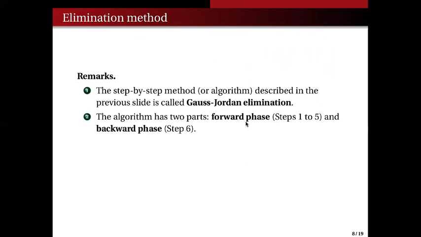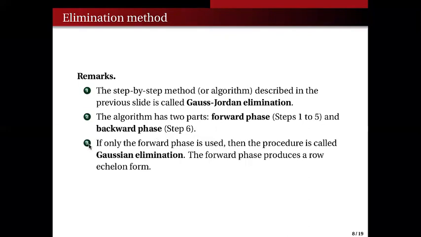Obviously, forward phase, because you start from the top row, you go down. On the other hand, your step 6, you start from the bottom, you go up. Okay? So forward phase and backward phase. If you only do the forward phase, if you only do steps 1 to 5, okay, then the method is called Gaussian elimination.